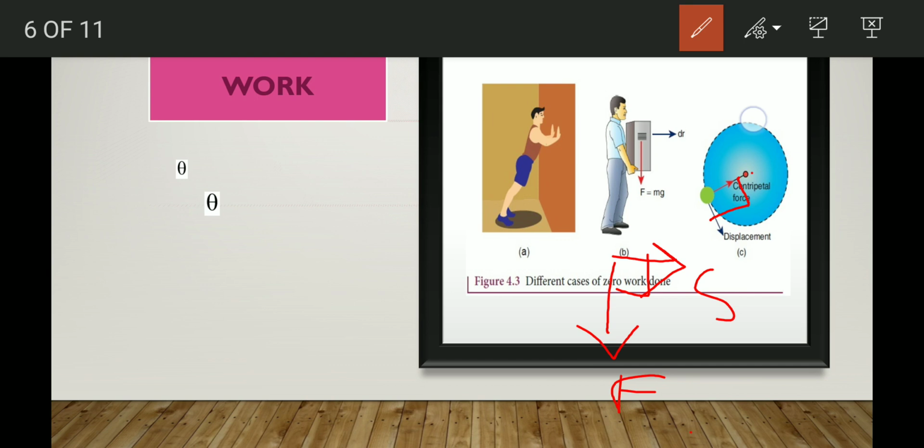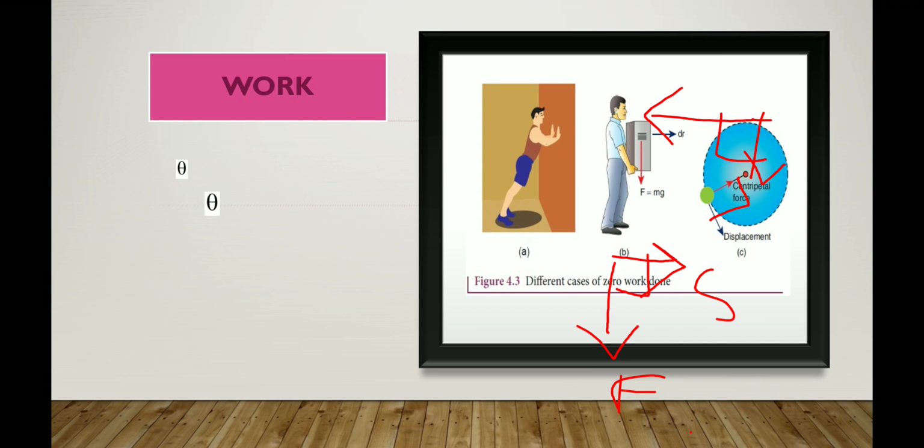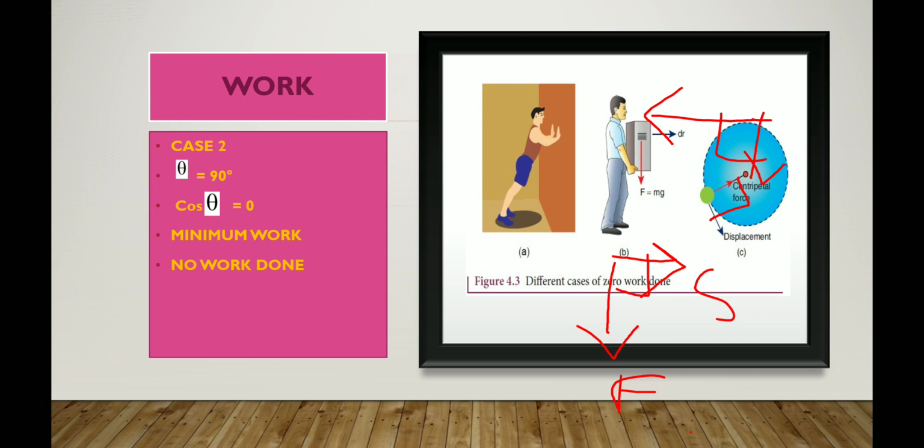So, if the body is suppose over here, then force which is acting inwards, that means along the radius, and the displacement will be in this direction, both of them will make an angle of 90 degree. Hence we can say that at every point in this circular path, the angle between the displacement and the force is 90, and hence theta, which is 90, will make cos theta equal to 0. And this is the condition when no work is done.